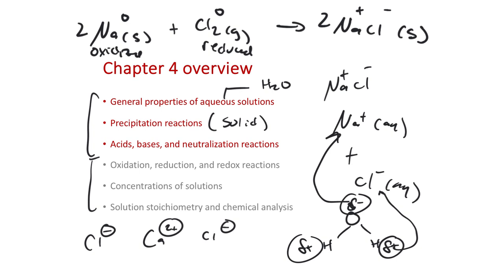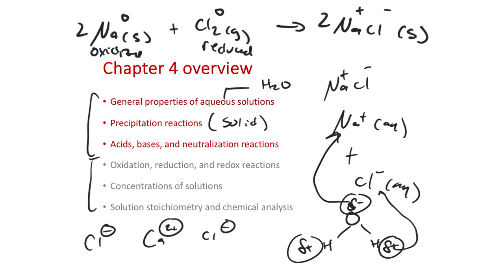Then we'll talk about how to quantify aspects of solutions. So we'll talk about solution concentrations, things like molarity units, if you recall that topic. We'll then get into quantifying aspects of reactions in solution. So if you took 1.0 mole per liter HCl with 1.0 mole per liter sodium hydroxide, you'll see that you get 1.0 mole per liter NaCl, and a bunch of water still remains.